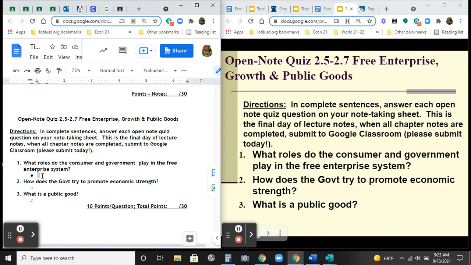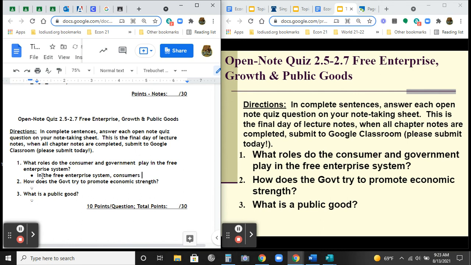Let's see if we can answer some of these. I will do one in writing, and then I will talk through two and three. You need to write up each one. Notice I always include some of the words from the question in my answer.